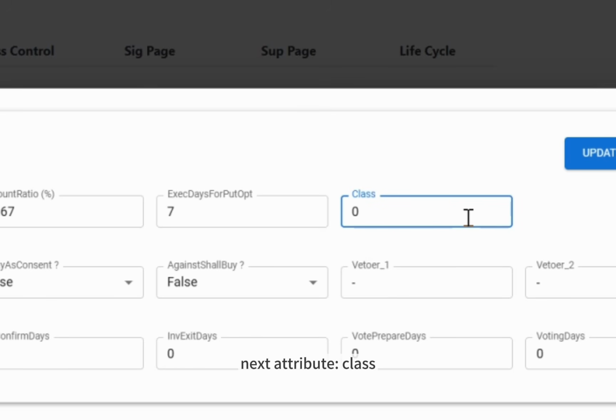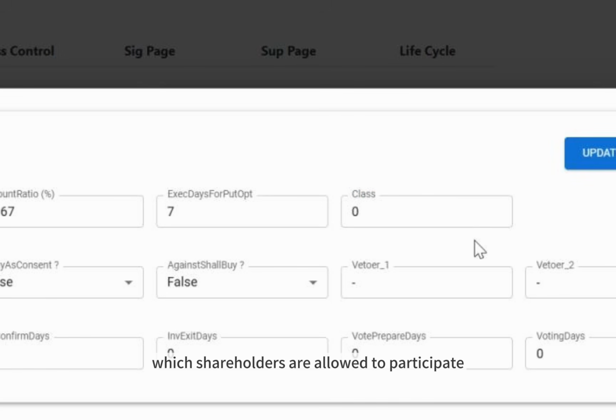Next attribute, class. This defines which shareholders are allowed to participate in the vote, meaning it determines which class or classes of shares are entitled to vote on the matter. If you enter 0 here, the voting process does not distinguish by share class, all shareholders vote together. If you enter a number greater than 0, the system will determine which shareholders are eligible to vote based on the shareholder classes you set up when initializing the equity bookkeeping system.